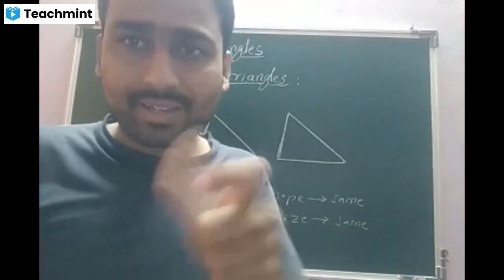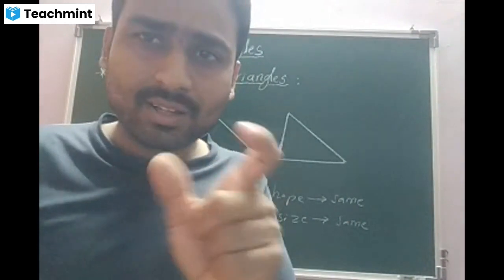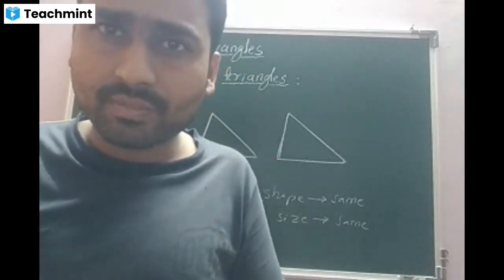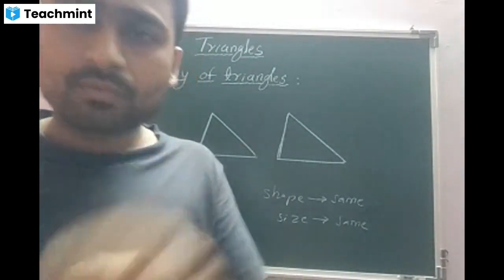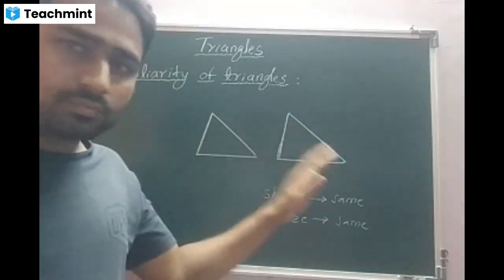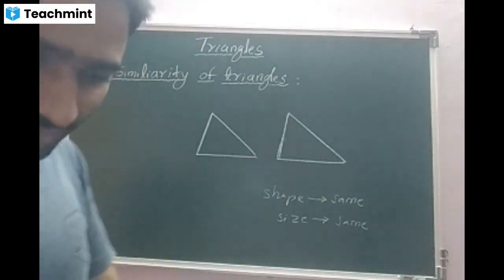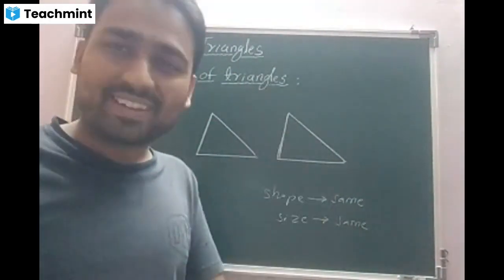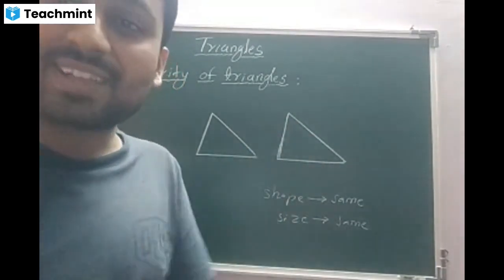They are congruent. I'm talking about the mathematical definition, beta. Just now, Sinchana said it, a small correction is needed. If corresponding angles and sides of a triangle are equal to the corresponding sides and angles of another triangle, then those two objects are said to be congruent. Okay, beta, fine. Here also a bit of correction.